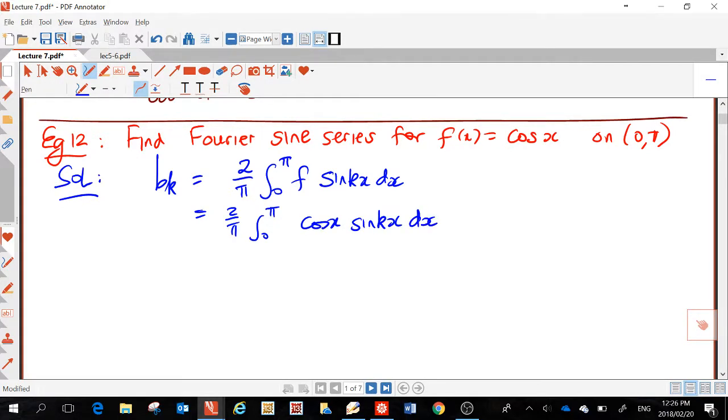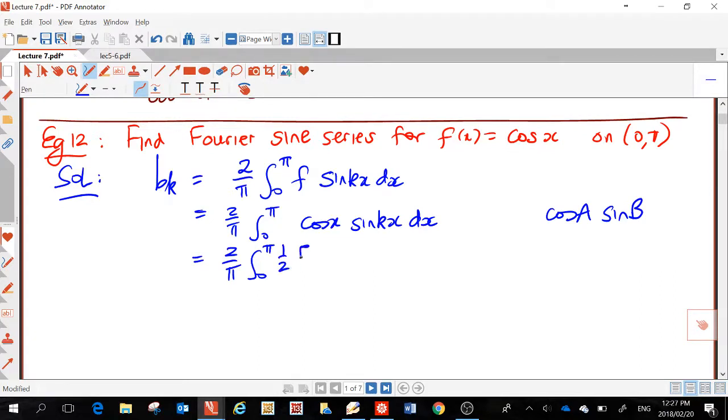Now you had some of these questions appearing in the tutorials, so you may have messed your hands with this calculation. But to simplify cos times sine, you have to employ the formulas for cos A sine B. Remember, there are compound angle formulas which we derive for cos A sine B, cos A cos B, sine A sine B, and so on.